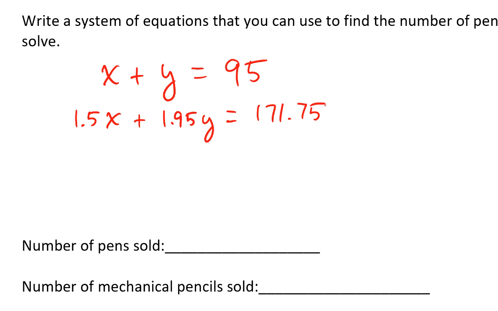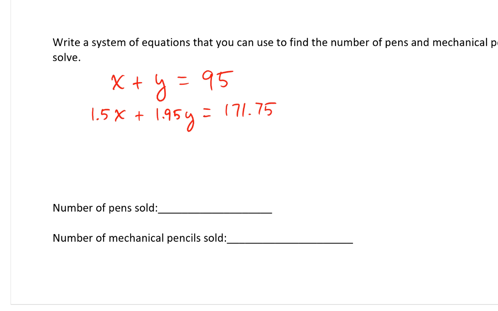And I guess there's a lot of ways that we could solve this system. I could go elimination, I could go substitution. I'm going to pick substitution here. So I'm going to take this first equation and say, hey, X has to be the opposite of Y plus 95. And in this second equation, I'm going to choose to multiply both sides of it by 100.